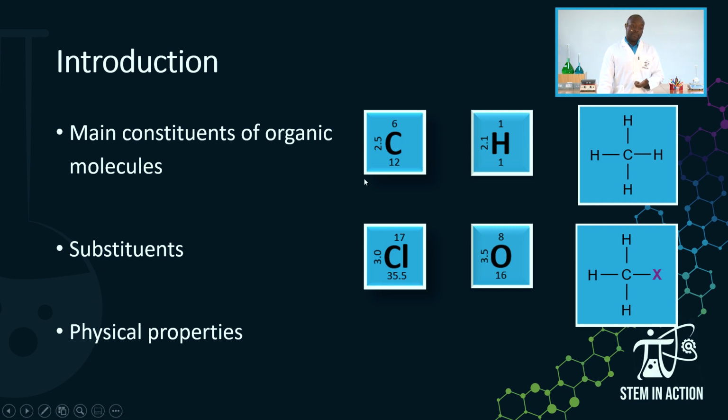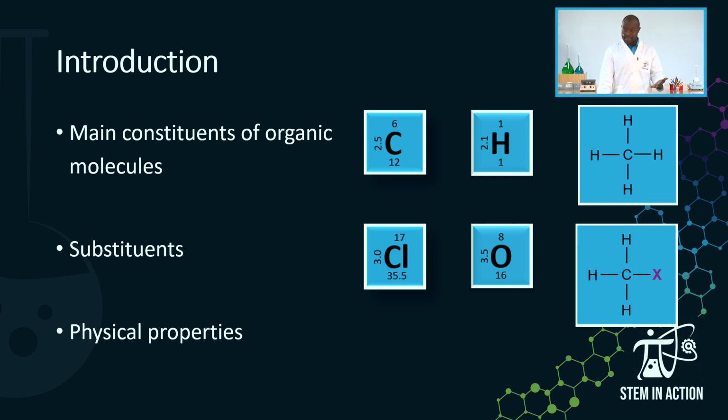So the bond that you form between carbon and these substituent elements is going to be a covalent bond. Also, the electronegativity difference between carbon and hydrogen, we said, is about 0.4, and that is very small. As a result, the bond between carbon and hydrogen is a non-polar bond.